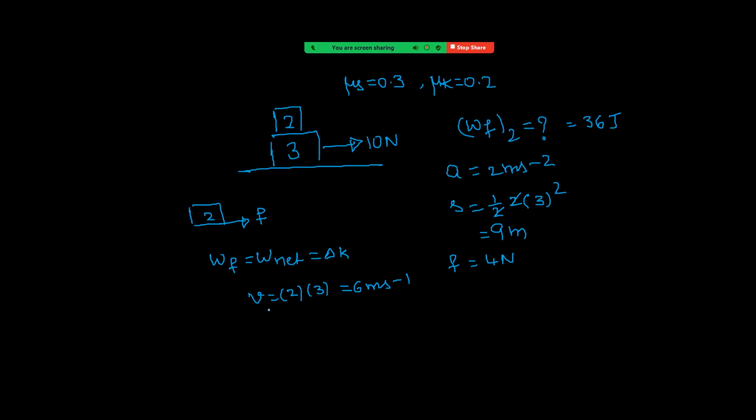Since we got velocity finally, and initial was 0, delta K equal to half m v square minus 0. That is equal to 6 square, that is 36. So we can solve like this also by using the work energy theorem.